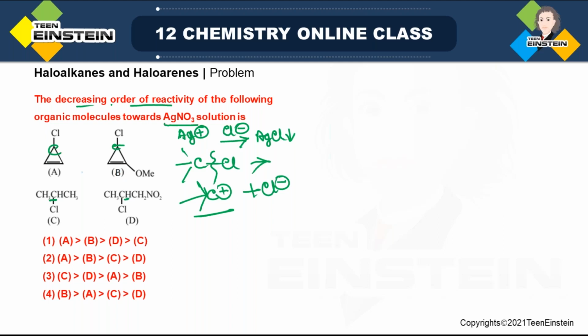The more the stability of the carbocation, the more will be the overall reaction rate. So we will find out the order of stability of the carbocation.